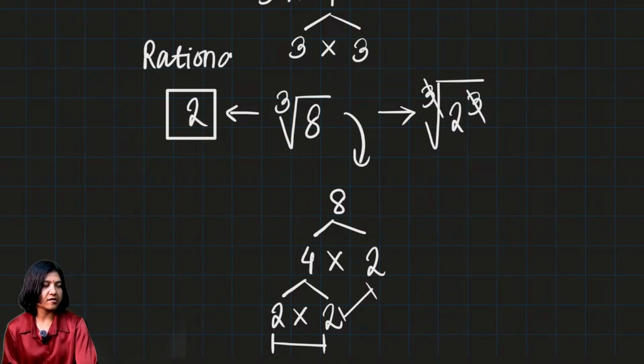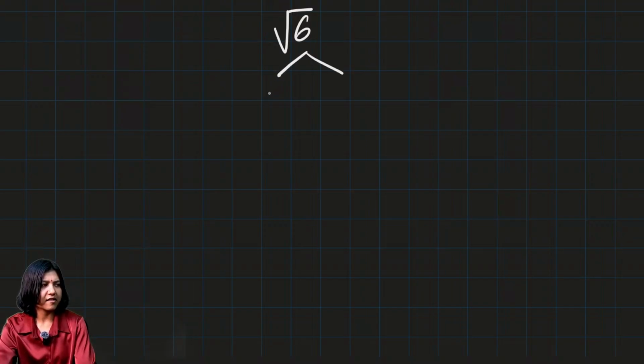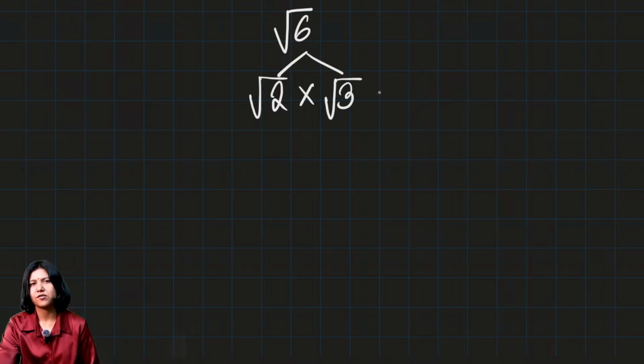So this is the concept of identifying rationals and irrationals. If you have the root of some number, like the square root of 6, if somebody asks you, is the square root of 6 rational? No. Why? Because 6 is written as 2 times 3, and upon taking the square root of 2 and the square root of 3, both are irrational values that give an infinitely going, non-repeating, non-terminating decimal.